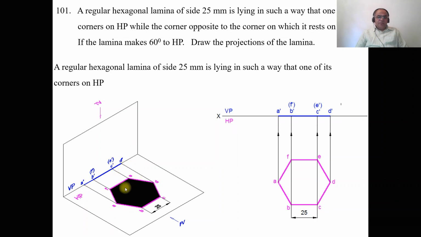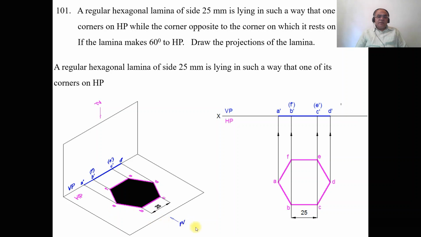When you look from the top view, as the surface is parallel to HP, you are getting the true shape in HP. All the sides of the hexagon are going to be 25 mm each. So from the top view, you can see AB, BC, CD, DE, EF and FA is a hexagon of side 25 mm. And when you look from the front view, as the surface is perpendicular to VP, you are going to get a line in the vertical plane.